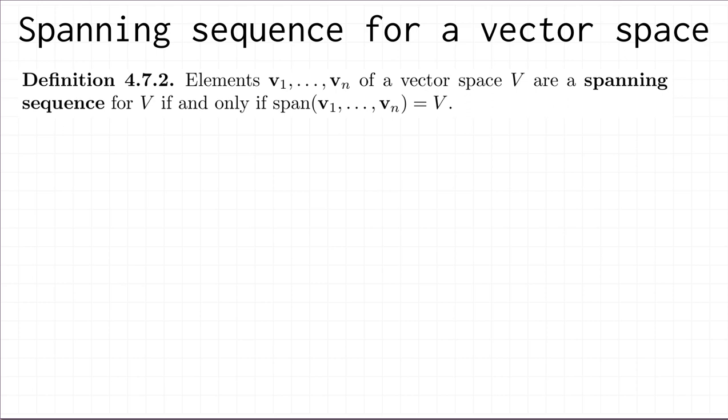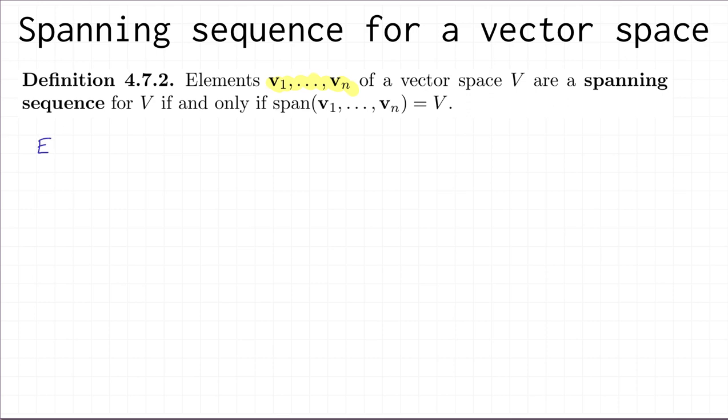So the general definition is that if you've got a sequence of elements v1, v2 up to vn in a vector space V, then you say that they are a spanning sequence for V if and only if their span is equal to the whole of V. So every vector in V can be written as a linear combination of v1 up to vn. So let's see some other examples of this.